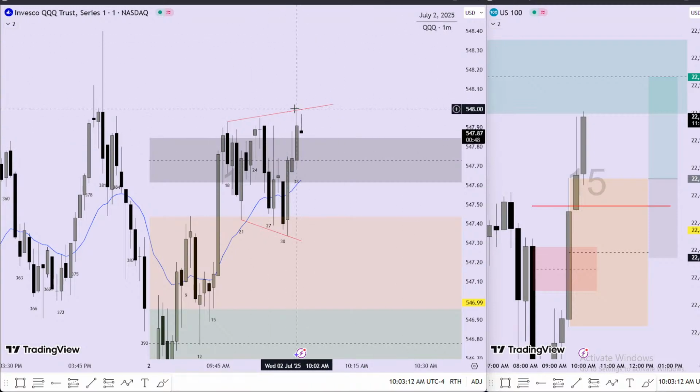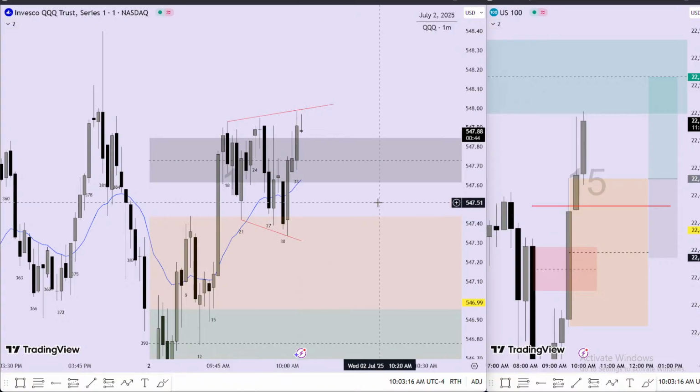Bears want it to be an expanding triangle and break below the range of this triangle.